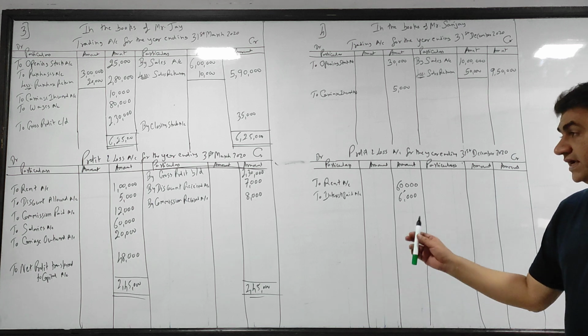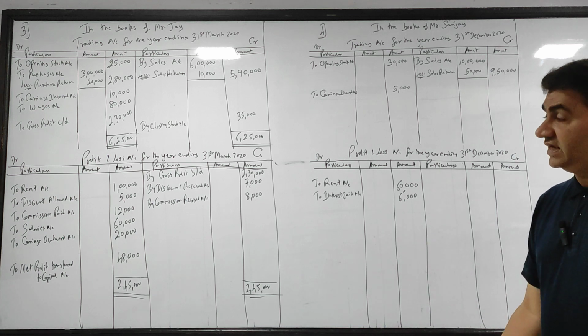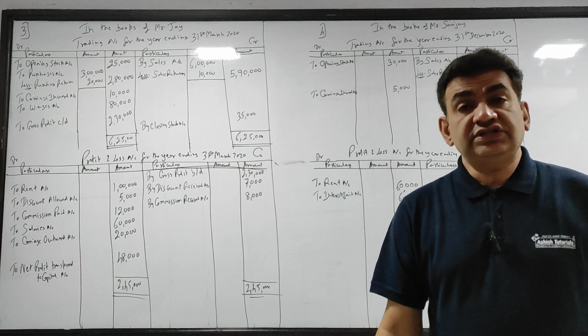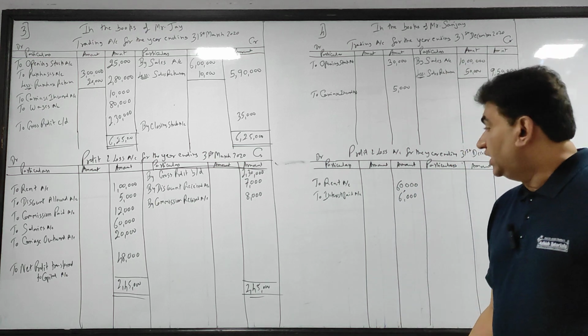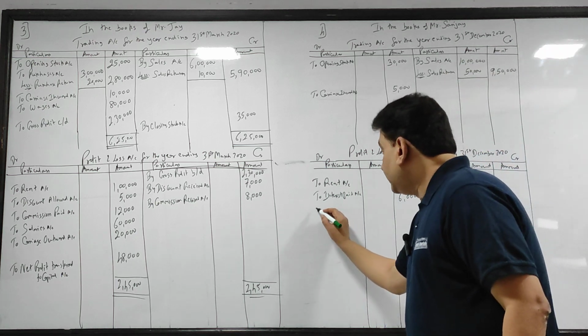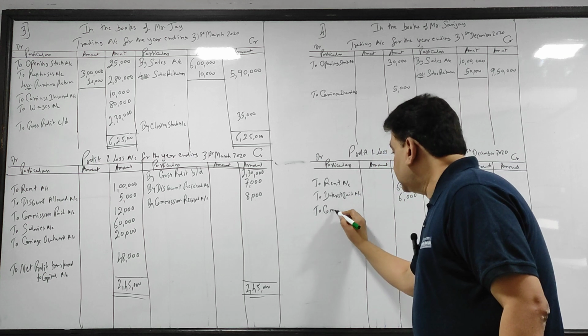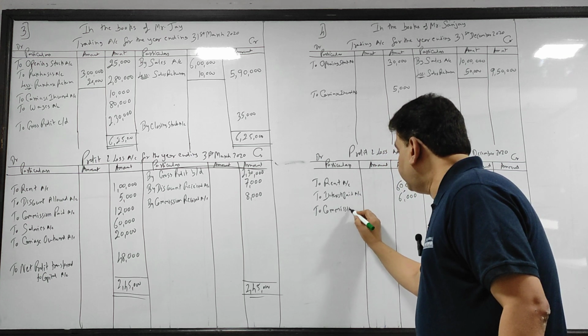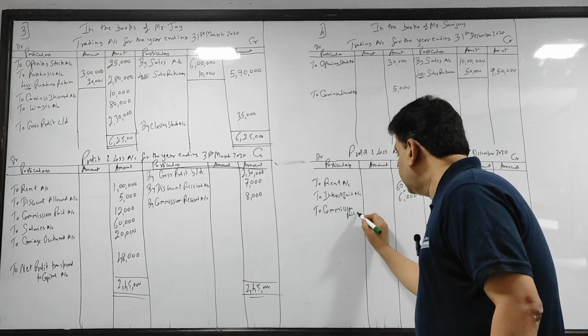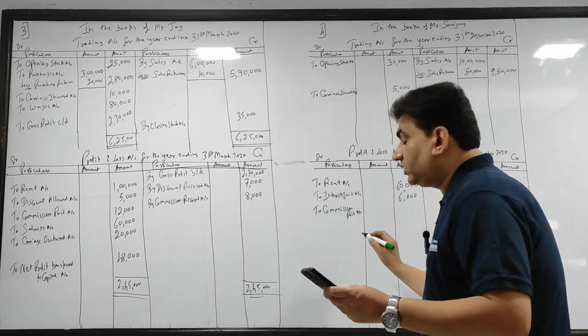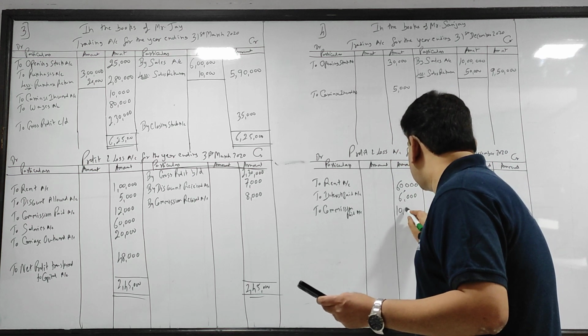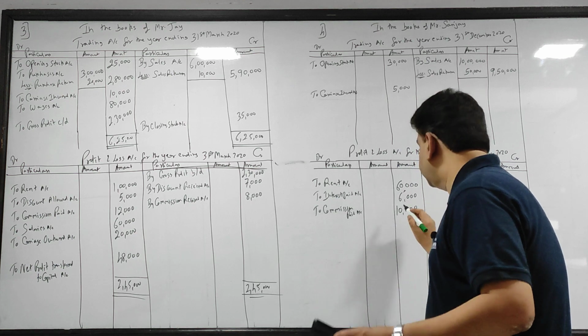Commission paid. Same concept what I discussed in the previous class. When they say only commission, it means commission on sale of goods. It is an indirect expense. Come to the debit side of P&L. To commission paid or to commission, that is 10,000.